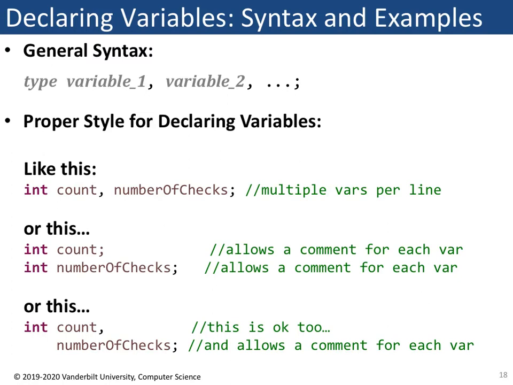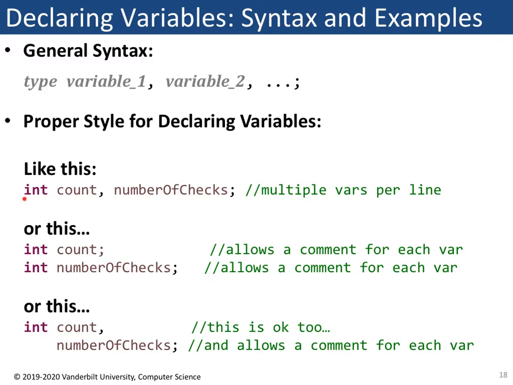So the general syntax for any variable declaration is the type of the variable, followed by the variable name, and then if you so choose, you can declare multiple variables using a comma followed by another variable name, which will be of the same type as the previous name. And you can continue to add additional variables to this list using commas to separate, and then terminate using a semicolon.